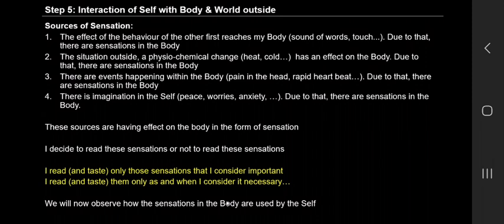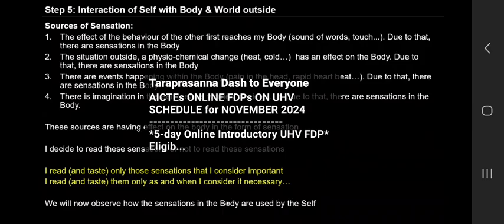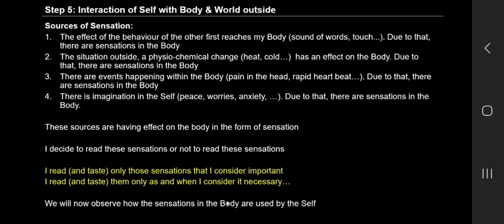Yeah, sure. So there is a picture outside, and its image is being formed on my eyes. So sensation is taking place. Now I decide to read its image. So this is a sensation.